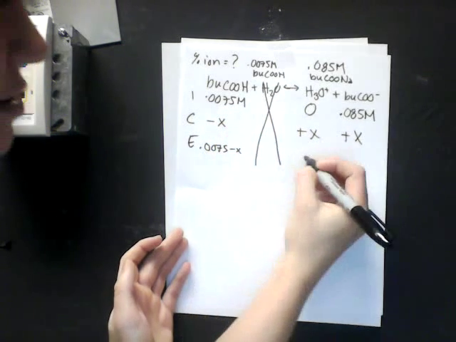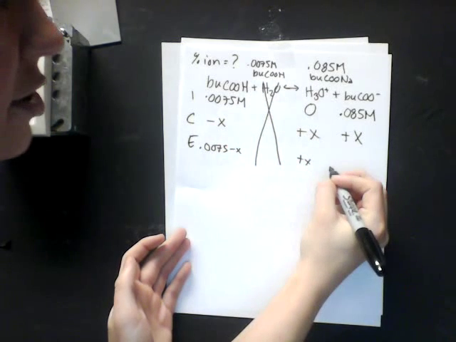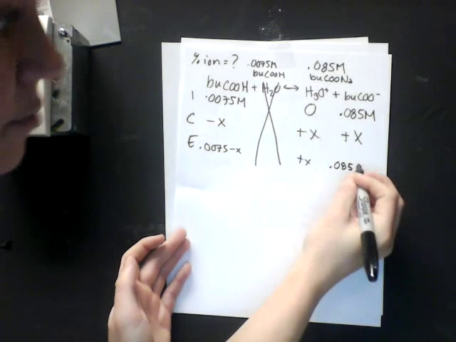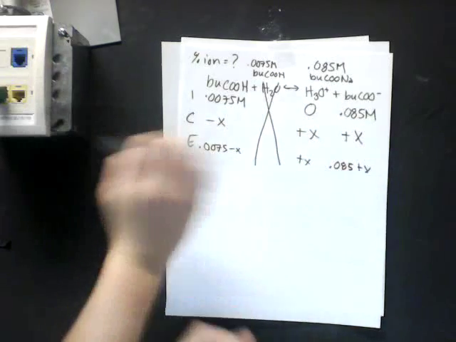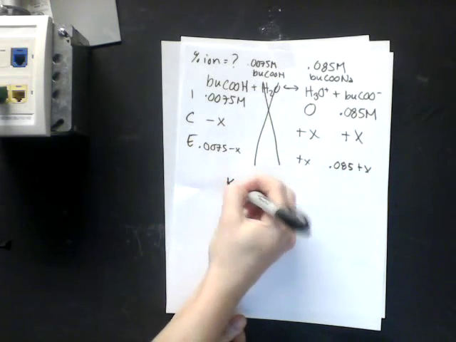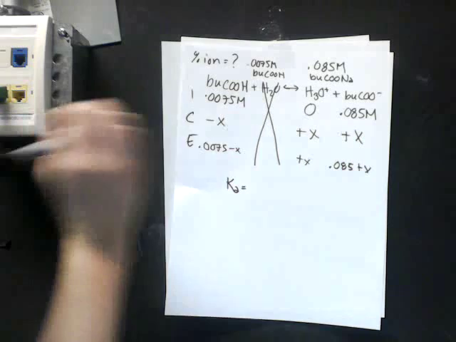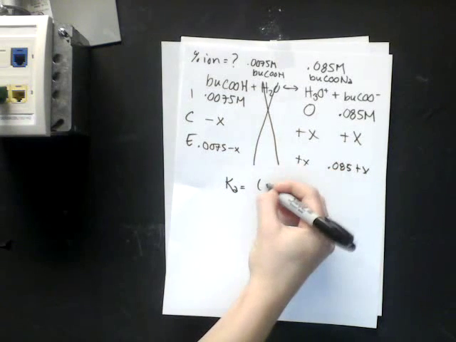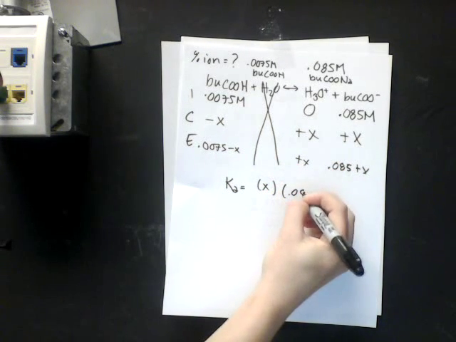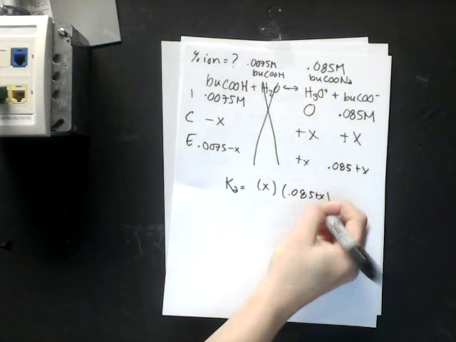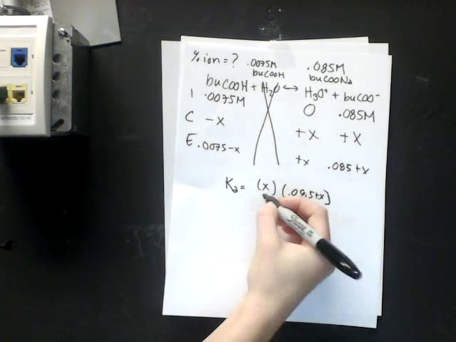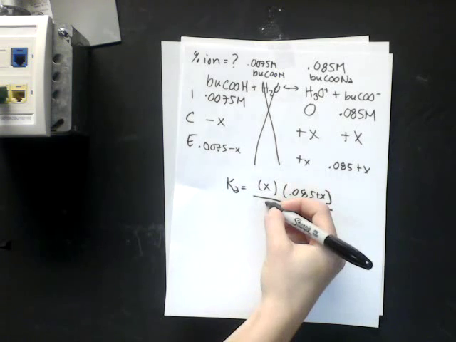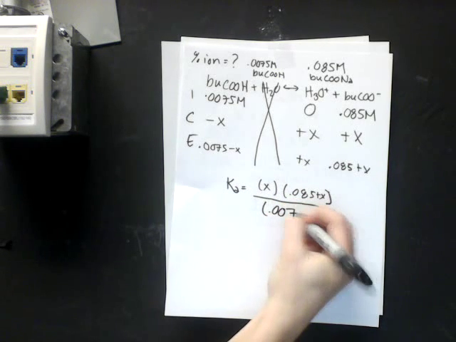So now, my equilibrium values, I add these two together: 0.0075 minus X, plus X, and 0.085 plus X. So then my Ka expression is going to be products over reactants.